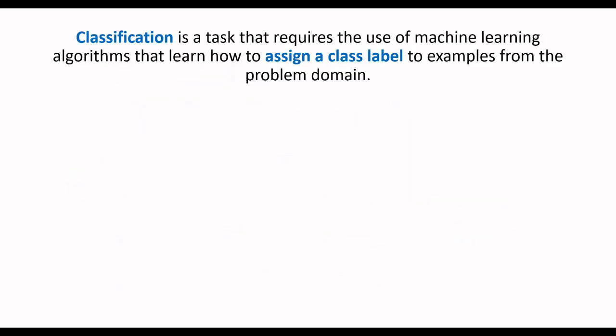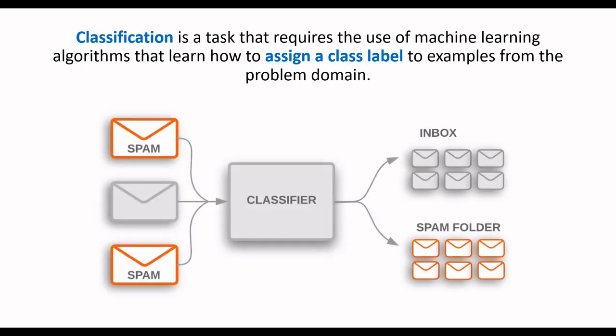Now, the kind of problem that we are going to be dealing with today is something known as a classification problem, where we use machine learning to assign a label to an entry of data. The most commonly cited example is how your email classifies spam.